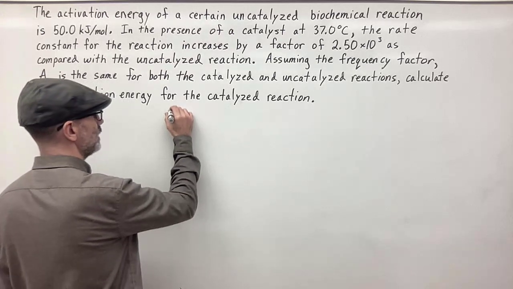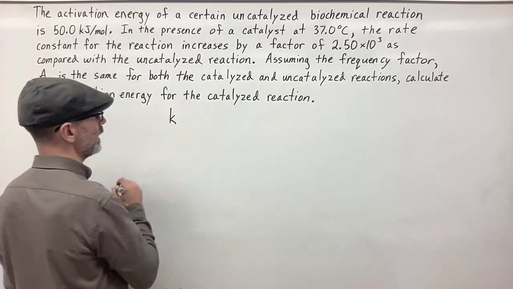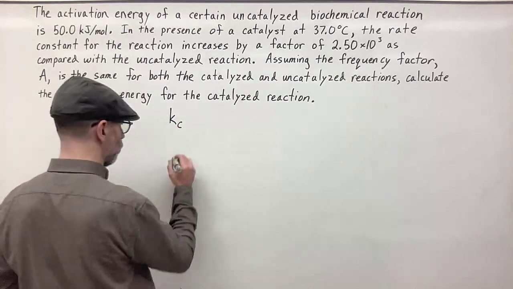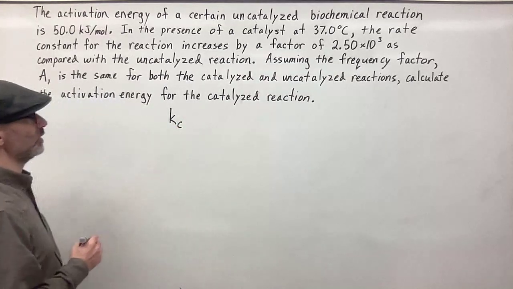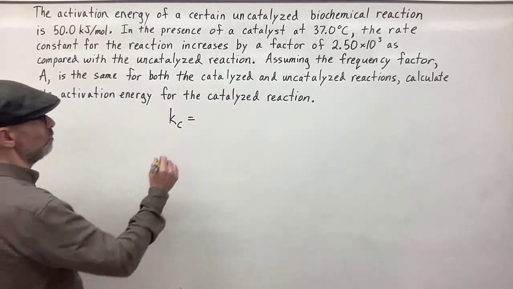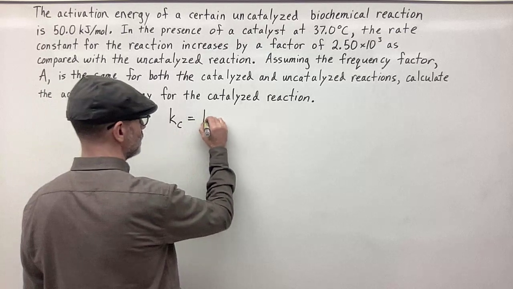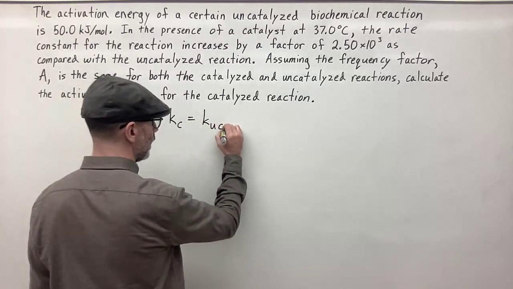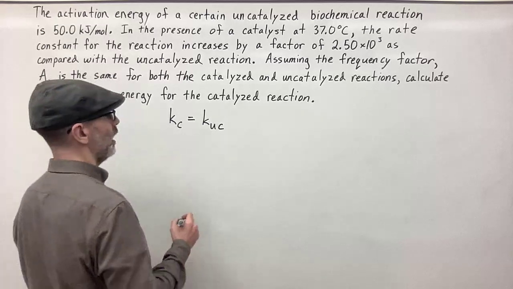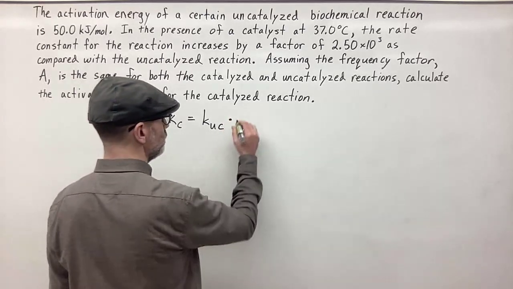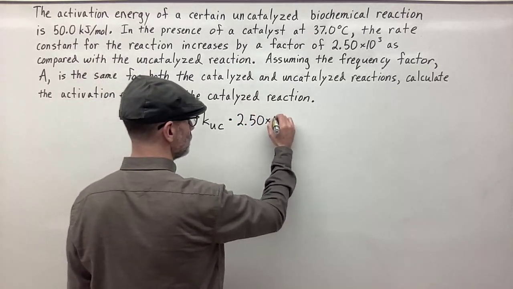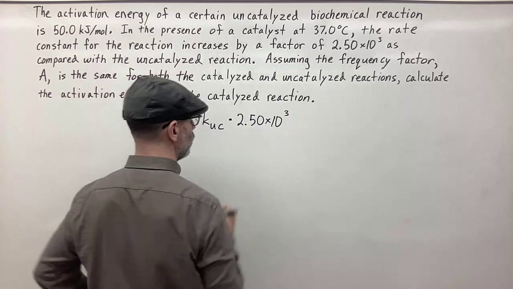So that means that the rate constant for the catalyzed reaction, and so we'll put C for catalyzed, is going to be equal to the rate constant of the uncatalyzed reaction, we'll put UC for uncatalyzed, multiplied by 2.50 times 10 to the third.